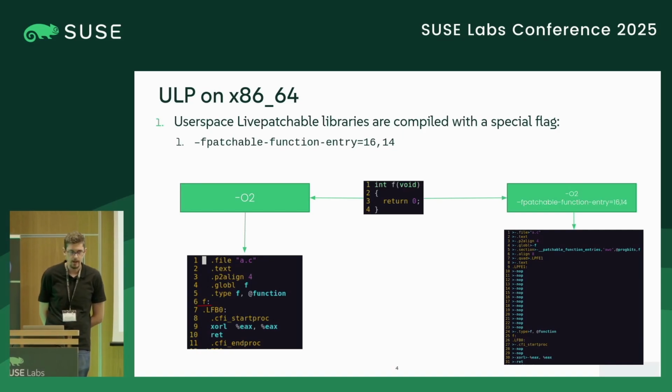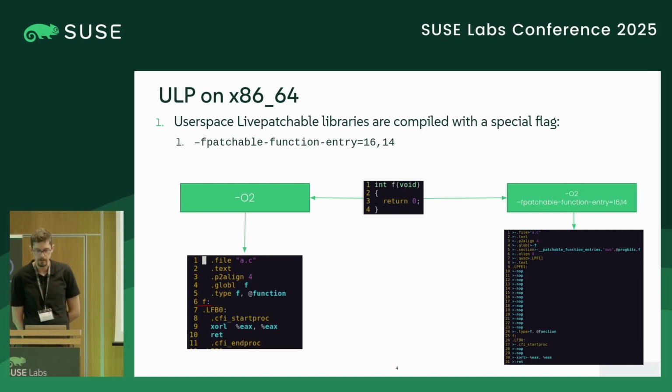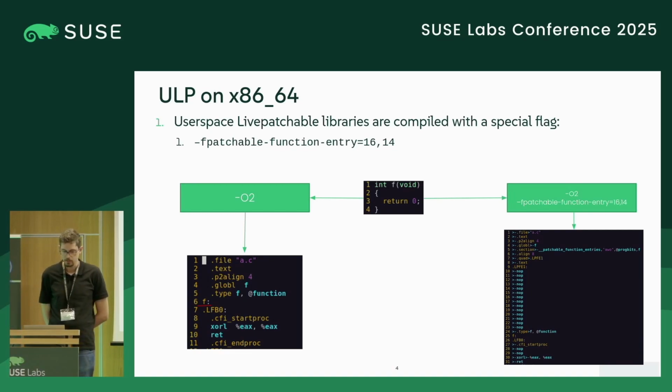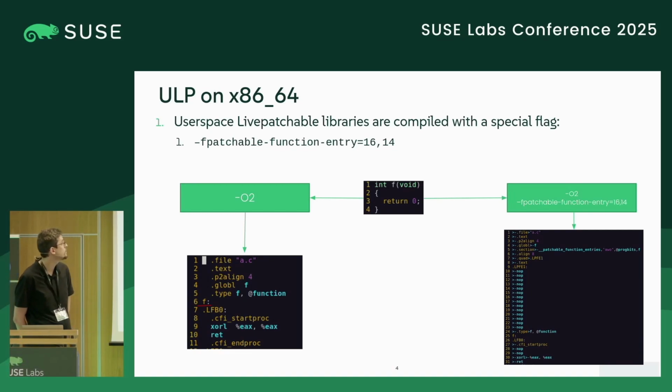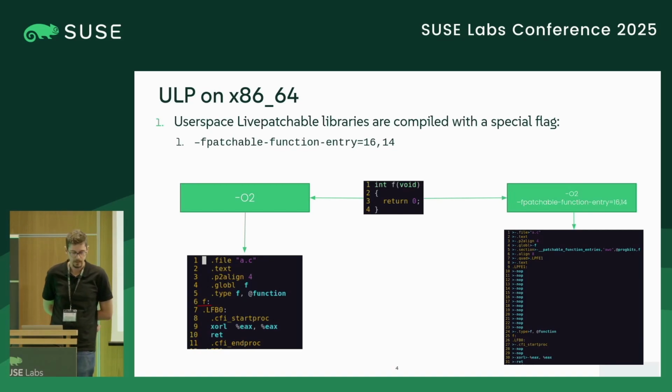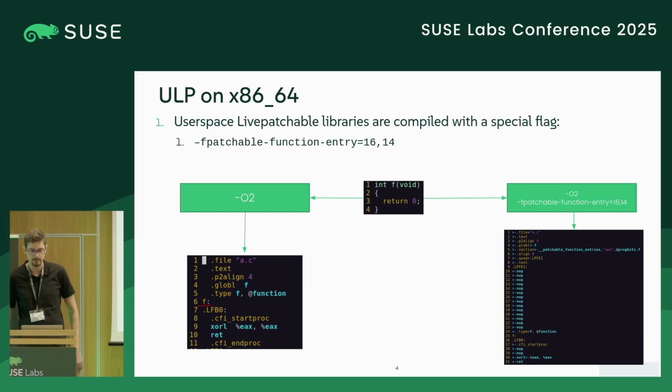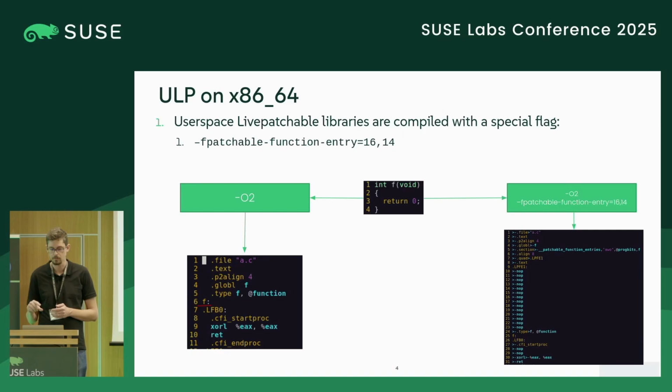When we are preparing the library to be livepatchable, we use the flag -fpatchable-function-entry. On x86-64, we pass 16,14, which basically means I want 14 nops before the function symbol and 2 nops after the function symbol, because on these 2 nops after the symbol, we use the jump to the larger prologue, which contains the full jump to the full 64-bit address.